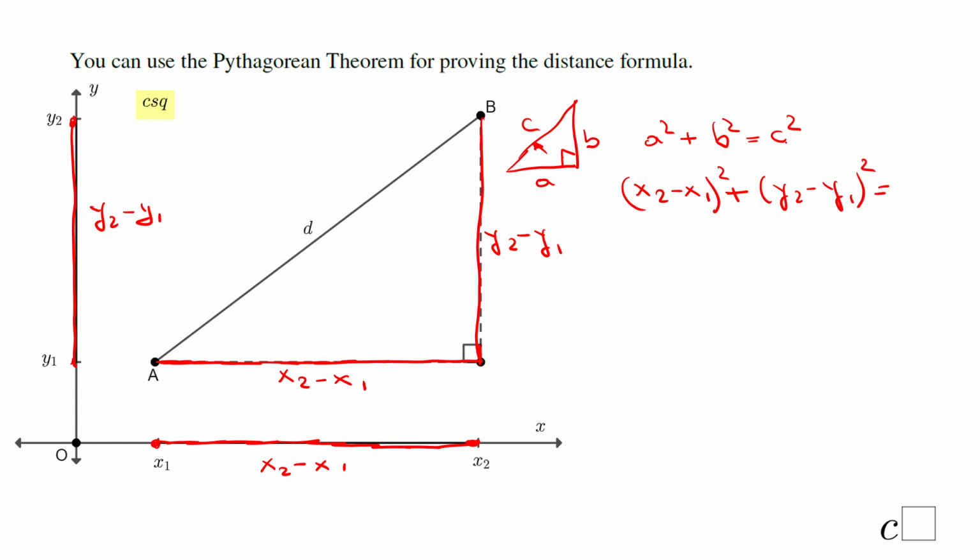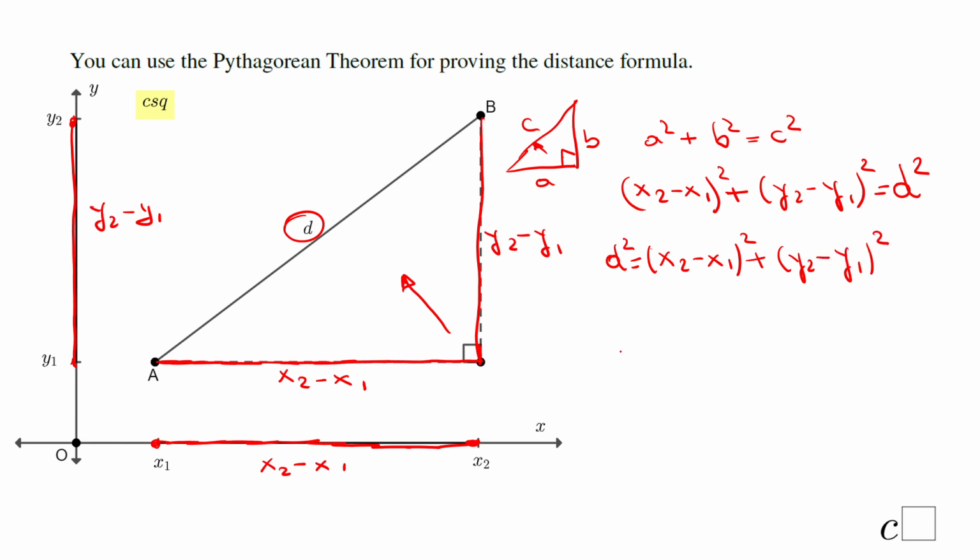And now let's take a look at this C, which is the hypotenuse. What is the hypotenuse in this right triangle? It is the distance between the 2 points, or the length of the segment. And now I can switch and rewrite d squared equals x2 minus x1 squared plus y2 minus y1 squared.